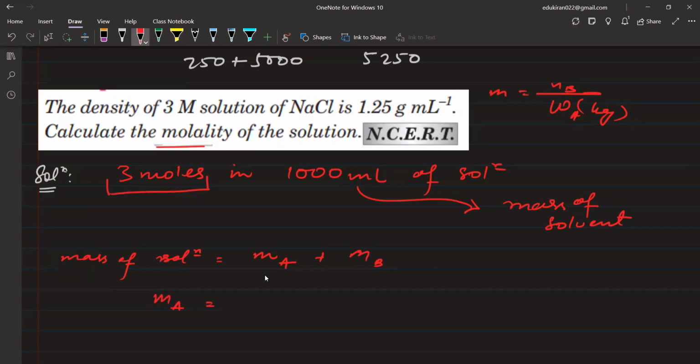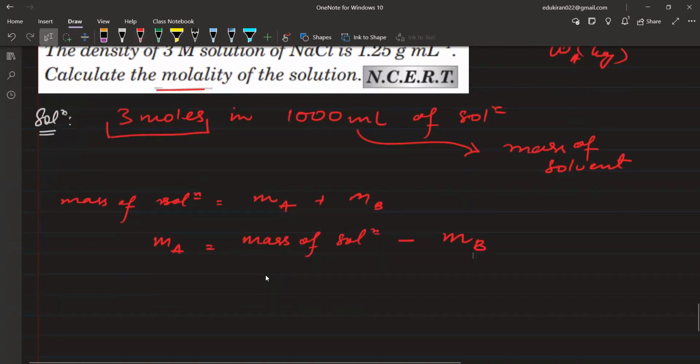So mass of solvent will be equal to mass of solution minus the mass of solute. Correct? ये समझ में आ रहा है आप लोग को? Yes, sir.